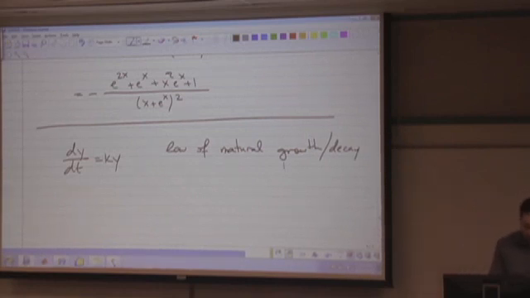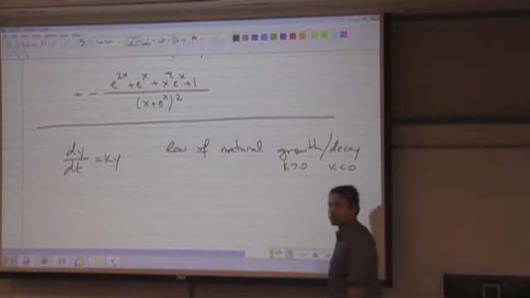If k is positive, you get growth. If k is negative, you get decay. And the idea is, this is actually observed in real life. The idea is that the rate of change is proportional to the size of the population. Okay, that's basically what it says, right?